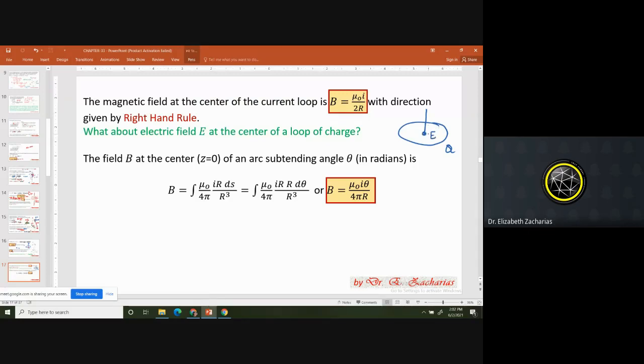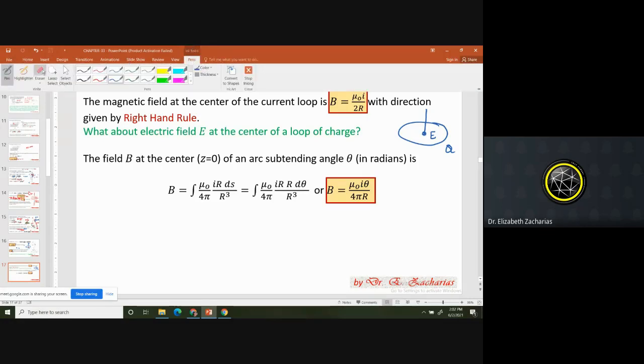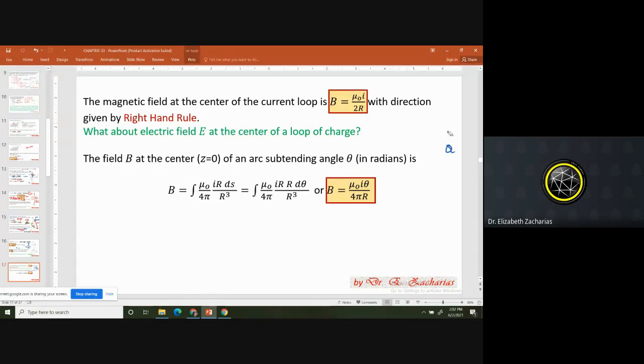There you would have found that the electric field is 0 at the center of the charge loop. That's the difference between electric field and magnetic field. In the case of magnetic field, the magnetic field at the center of a current loop is not 0, unlike in the case of electric field due to a loop of charge.